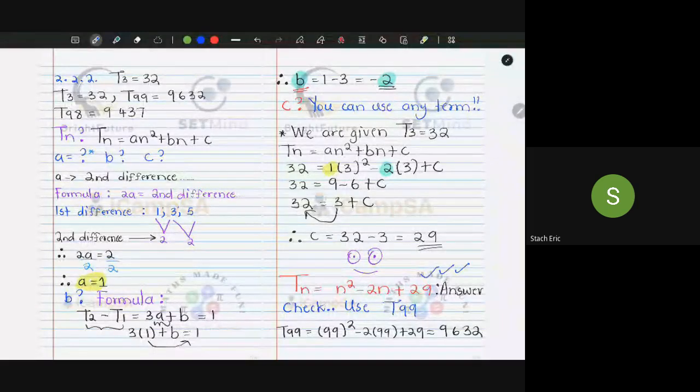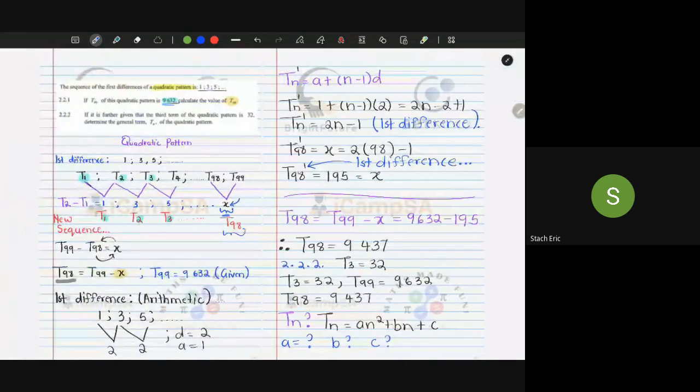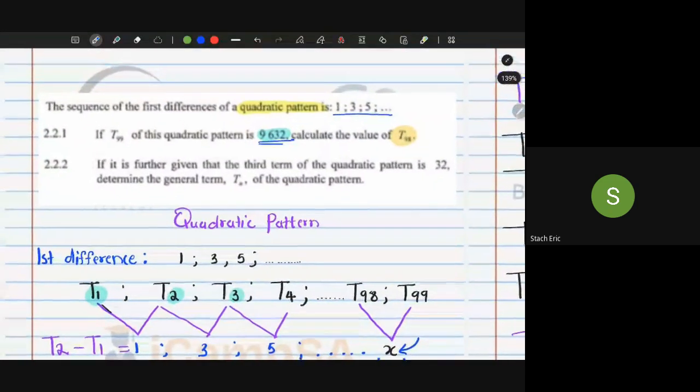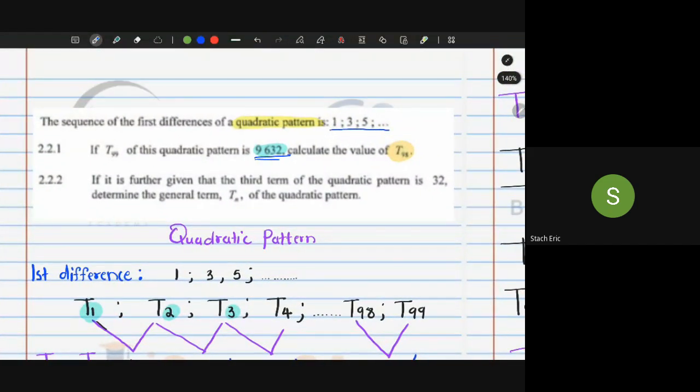Do you guys understand? Give me a thumbs up if you do, and please ask a question if you don't. It's very important that you are able to make sense of all the steps which we took here. That brings us to the end of answering this question, which was shared by one of your classmates.